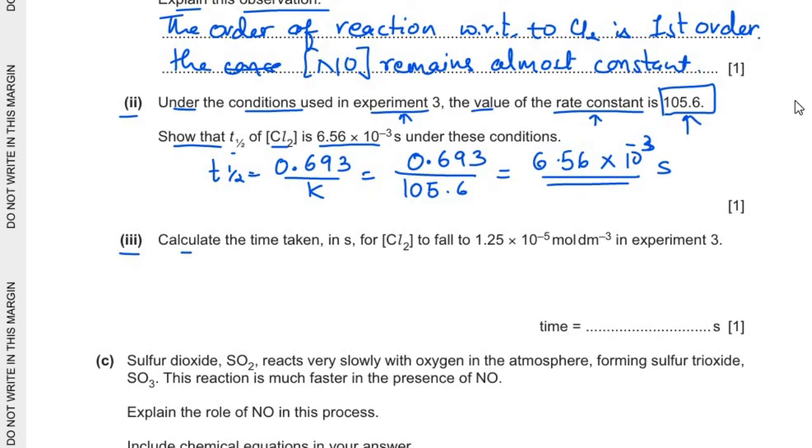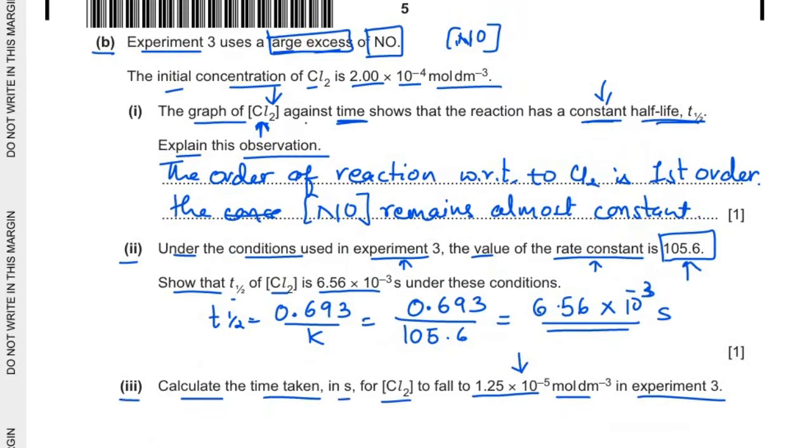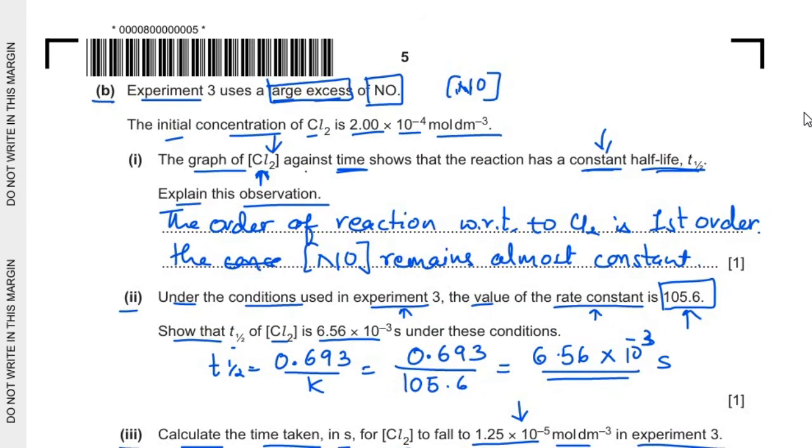The third part is: calculate the time taken in seconds for chlorine to fall to 1.25 × 10^-5 moles per dm cube in experiment 3. Now it's a concentration we are talking about which has fallen to 1.25 × 10^-5. Let's see what the initial concentration of chlorine given is: 2.00 × 10^-4.